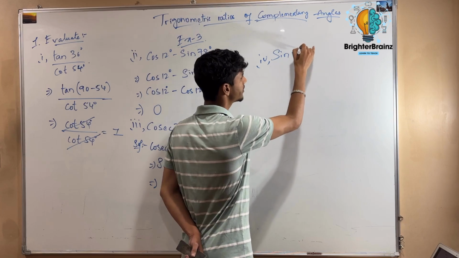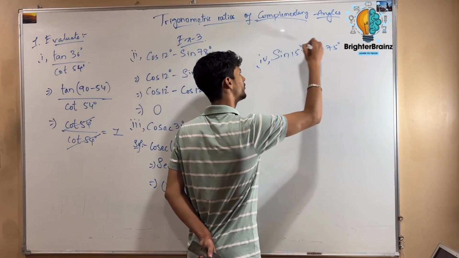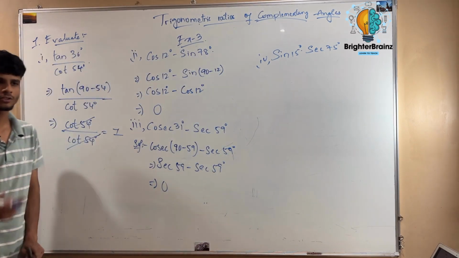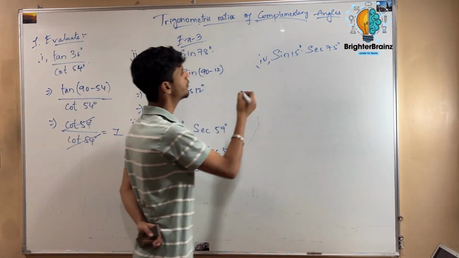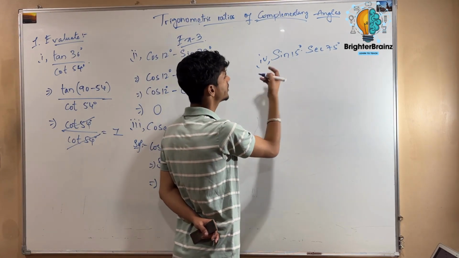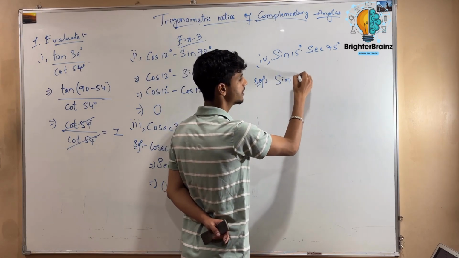Next, fourth one: sin 15 degrees into secant 75 degrees. Now you have to be careful here. First let us change any one ratio. So let us change secant 75. Sin 15 degrees stays as it is.